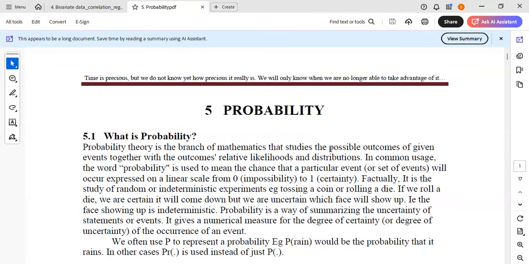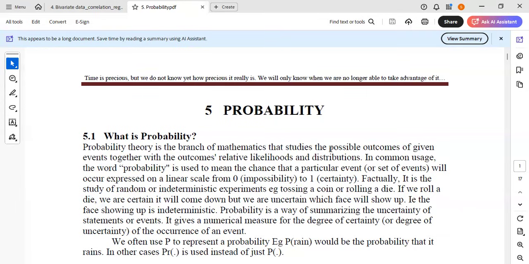In common usage, the word probability is used to mean the chance that a particular event or set of events will occur, which is expressed on a linear scale from zero, where zero means impossibility, it is impossible for such an event to happen, all the way to one, which means that you are sure or certain that the event will happen.